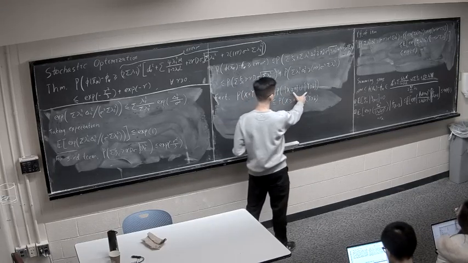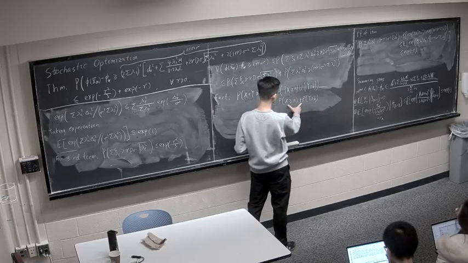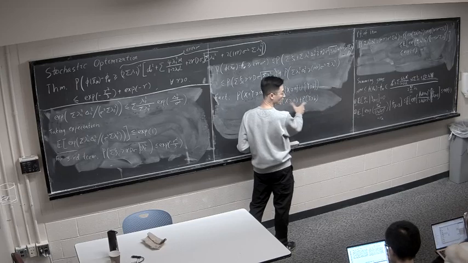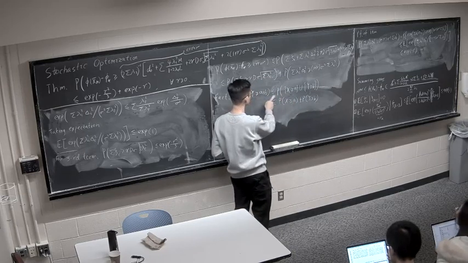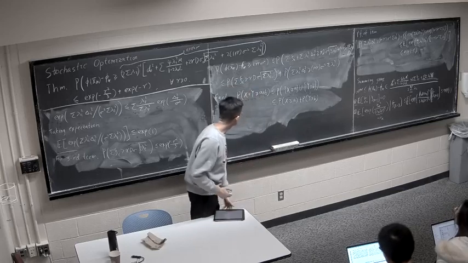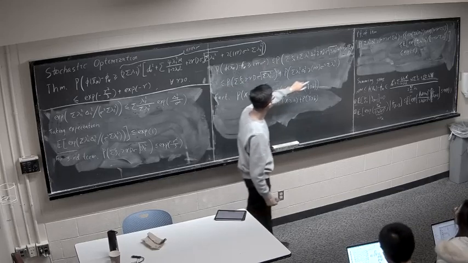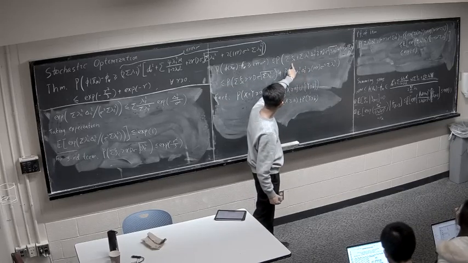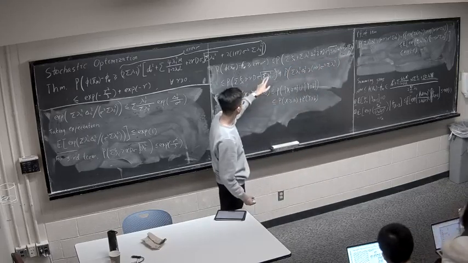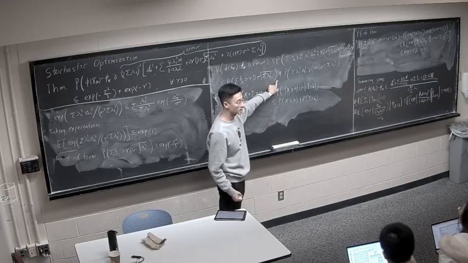Probability of a union of two events is no more than the summation of the probability that each event happens, right? So this is by union bound. This is just by logic, okay? And apply this observation, this fact, to the inequality here. This is x, this is y, here's a and b, right? So we can separate this probability into two probabilities.